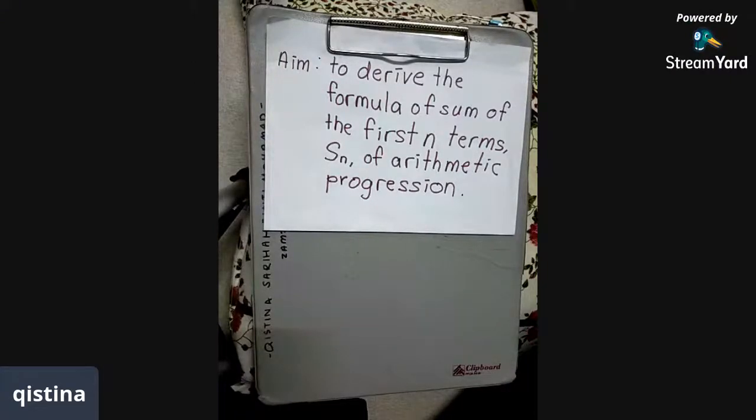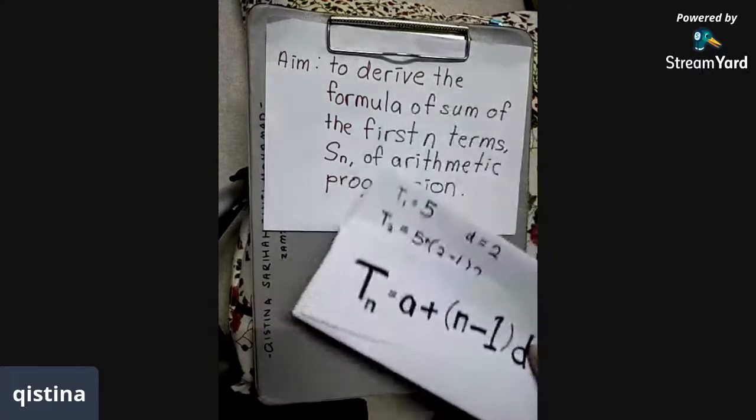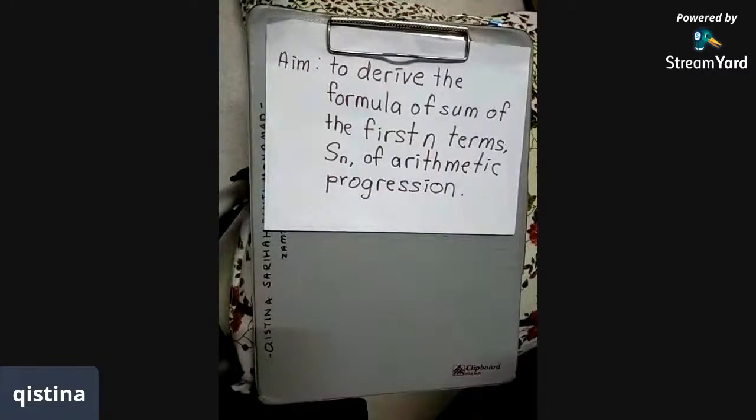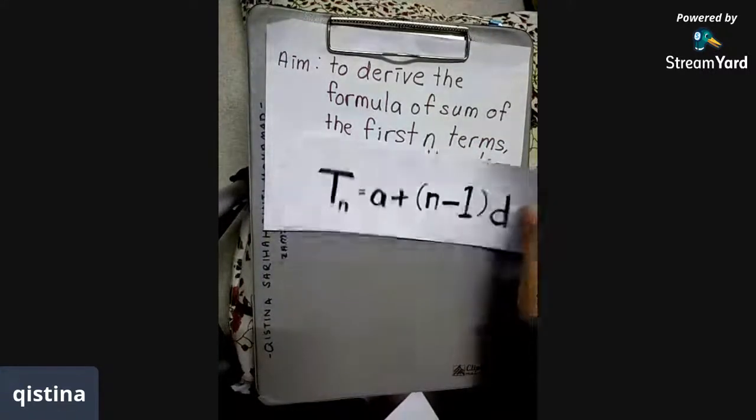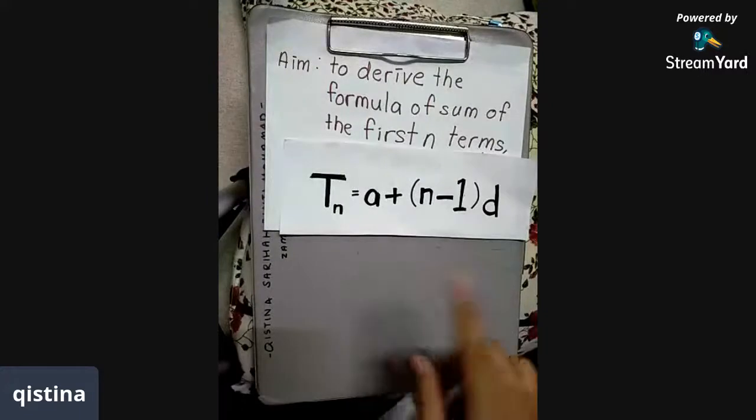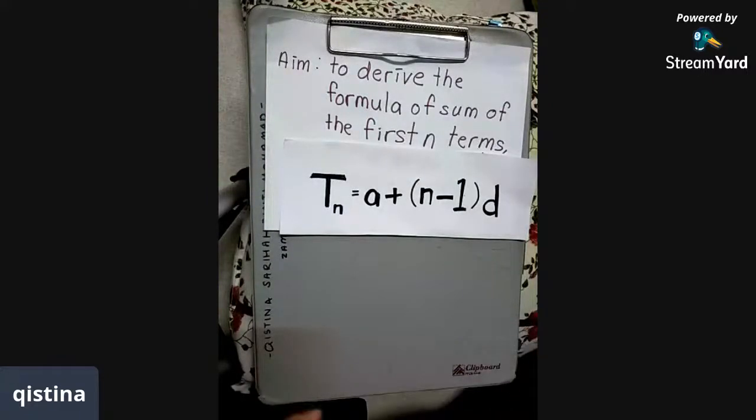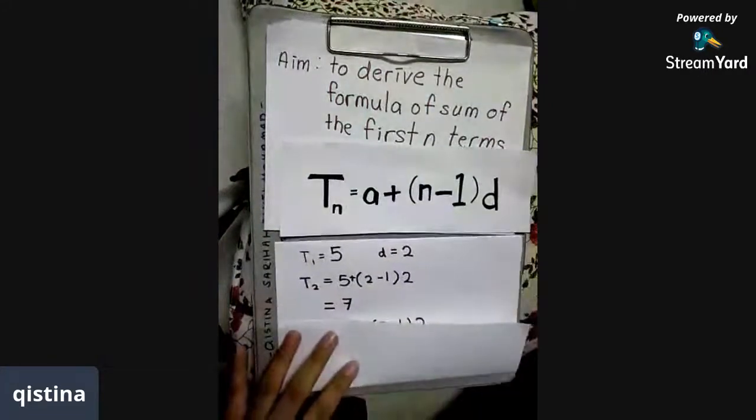Assalamualaikum. Hi everyone. Today, I will be explaining inquiry 3, which the aim is to derive the formula of sum of the first n terms Sn of arithmetic progression. From last lesson, we have learned the formula to calculate nth terms. Let's revise a little bit.